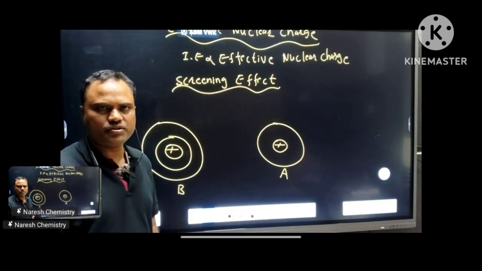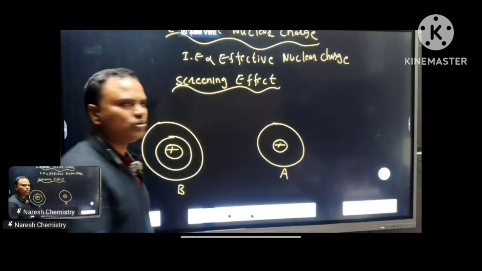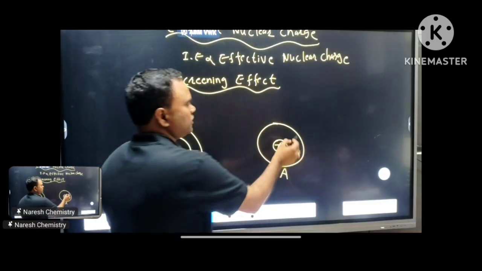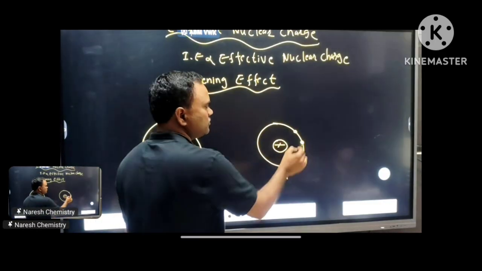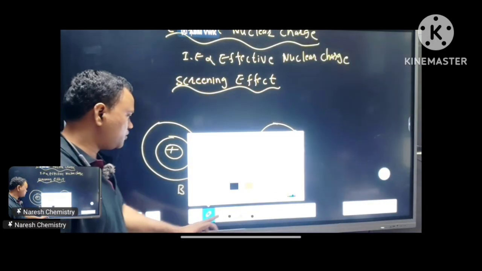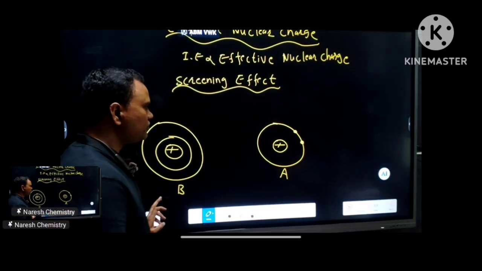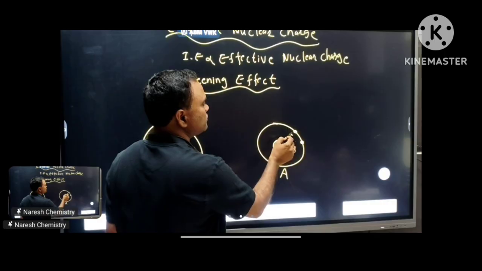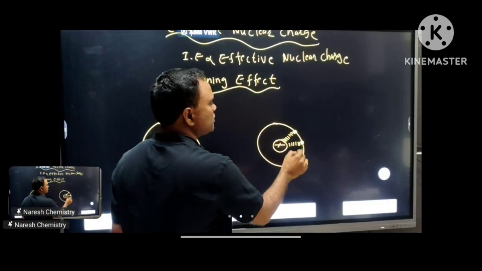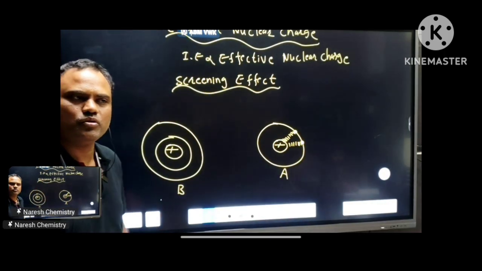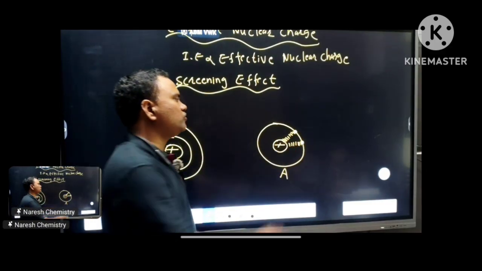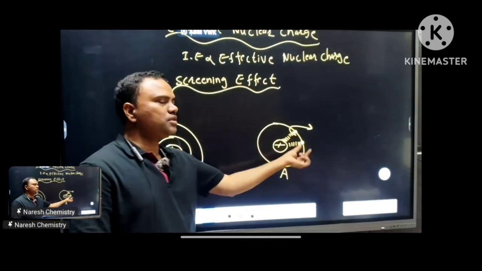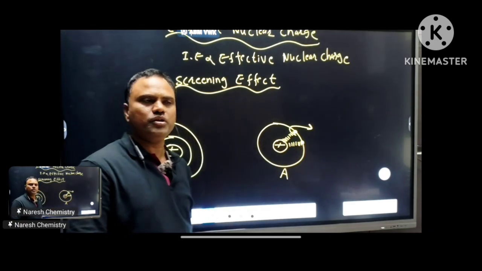In A, there is no orbit in the middle. Let us put some electrons here. Between the nucleus and these two electrons, attraction forces are more and effective nuclear charge is more. So it is difficult to remove the electron from atom A, because electrons are strongly attracted by the nucleus.